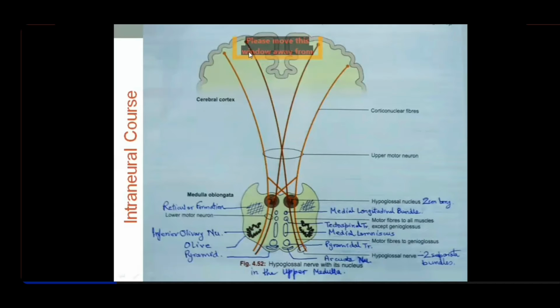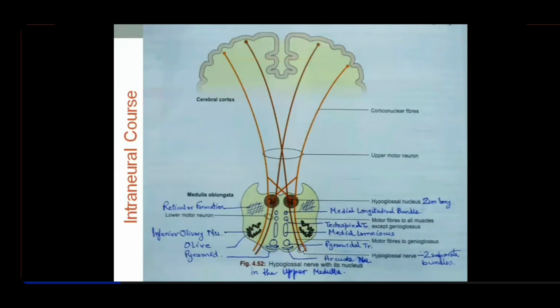While the special thing about Genioglossus is that the fibers destined to innervate Genioglossus muscle from the cerebral cortex, motor cortex, they descend down only contralaterally. They descend down to reach the opposite hypoglossal nerve nucleus only. So that is the important point to remember here about hypoglossal nerve.